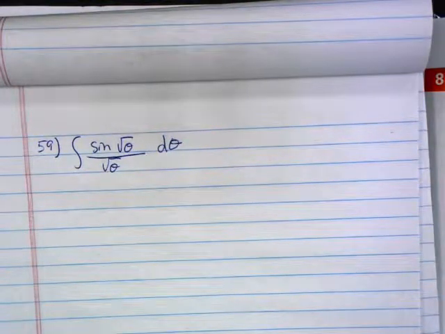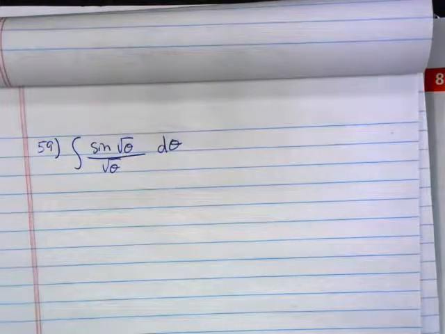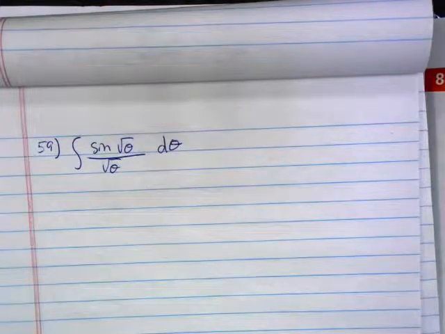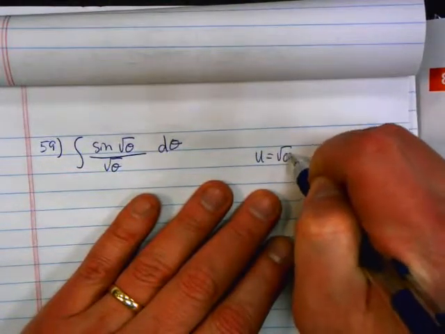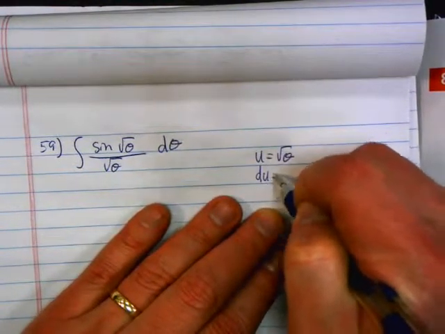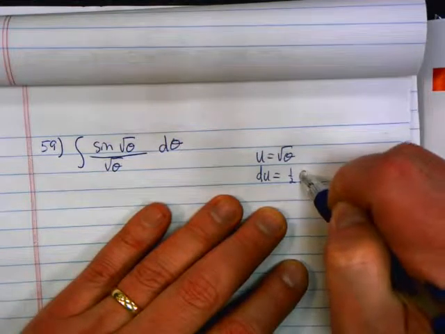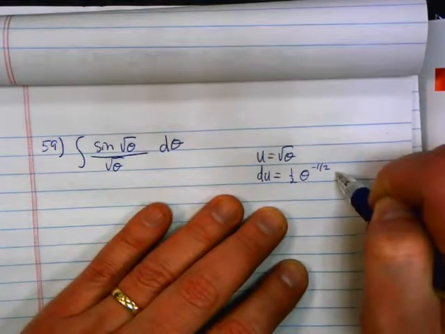How would you integrate that? u is square root of theta, and then du is 1/2 theta to the minus 1/2 d theta.